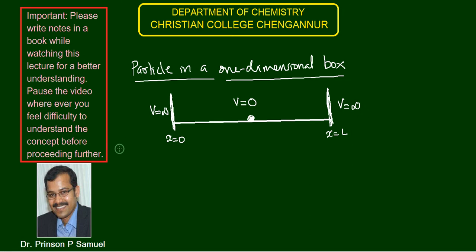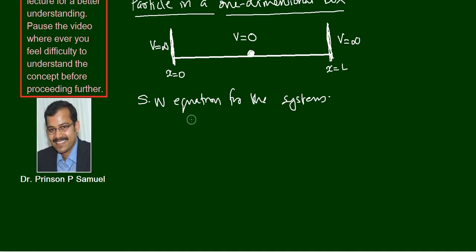Now let us constitute the Schrodinger wave equation for the system. Whenever we are dealing with a system quantum mechanically, we have to set up the Schrodinger wave equation for the system. The Schrodinger wave equation is H cap psi is equal to E psi.